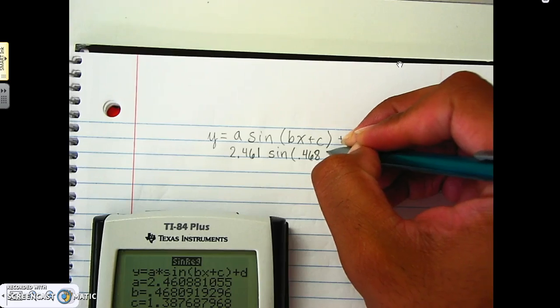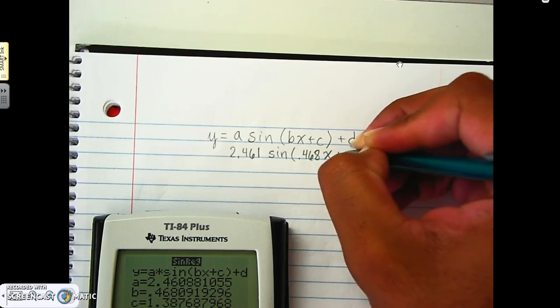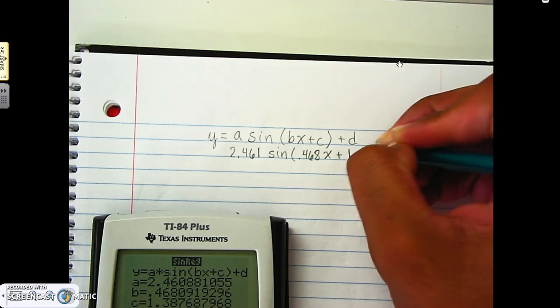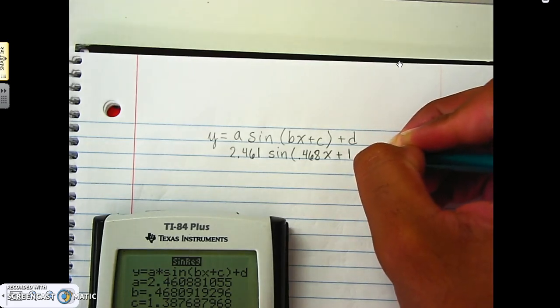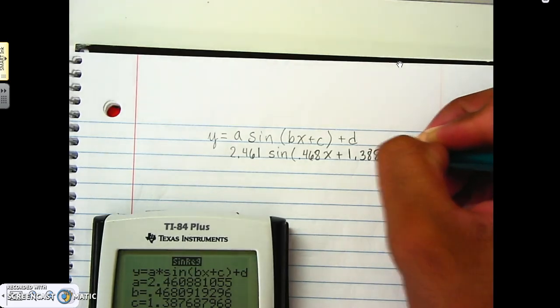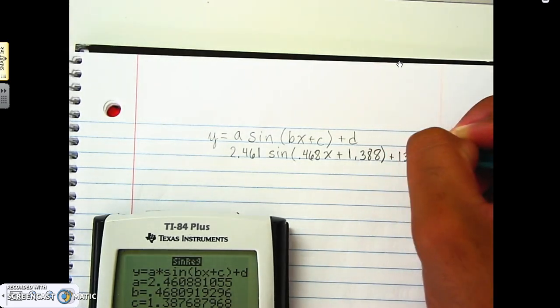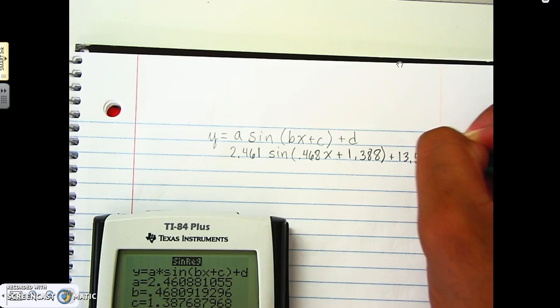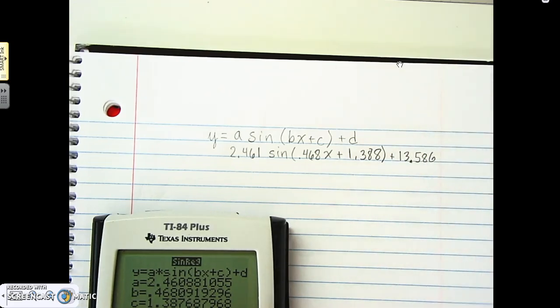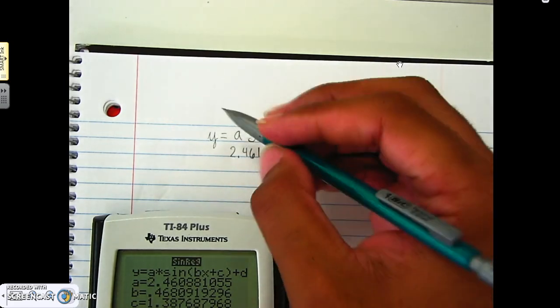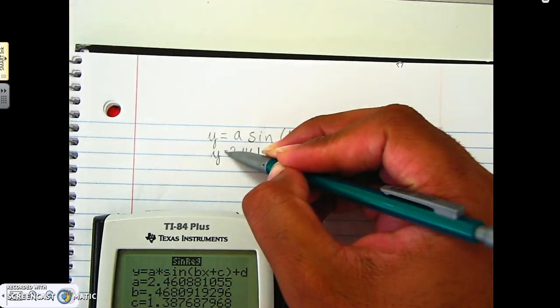Keep the x. The C is 1.388, plus 13.586. All right, so that is our sine equation that we made from the data there.